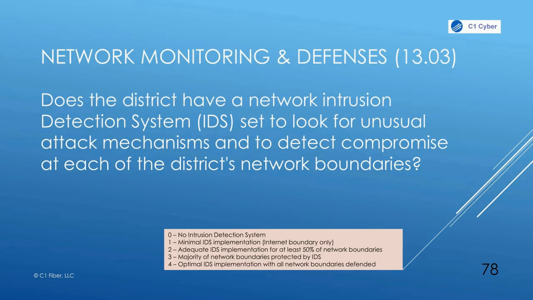Score 2 if your organization has adequate IDS implementation for at least 50% of network boundaries. Score 3 if your organization has the majority of network boundaries protected using an IDS. Or 4 if your organization has an optimal IDS implementation with all network boundaries protected. Pause the video now in order to consider and record your answer before continuing.